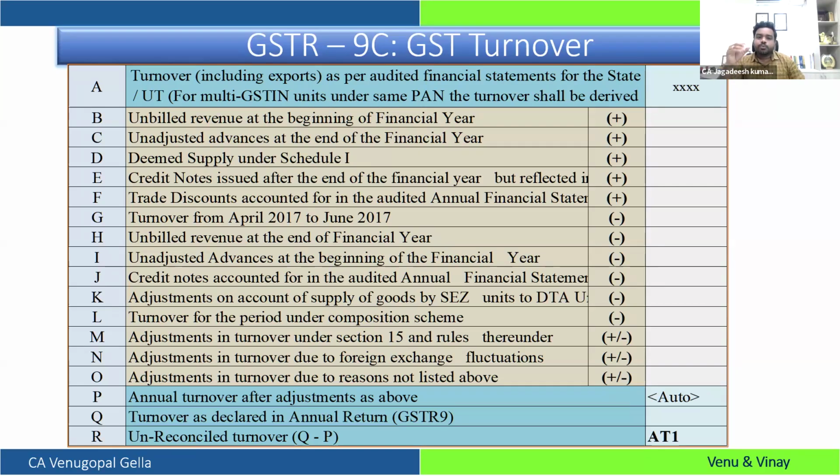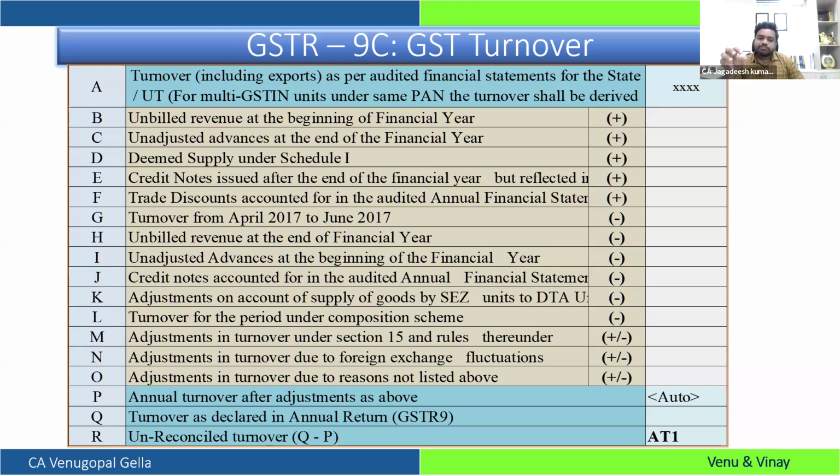So what we have to do is arrive at the turnover as per GST by making adjustments. Let's say as per books of account, you will recognize unbilled revenue, whereas under GST you need to pay the tax based upon your time of supply. Similarly with advances.